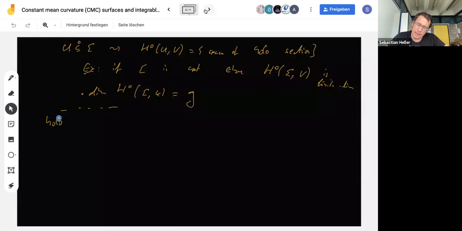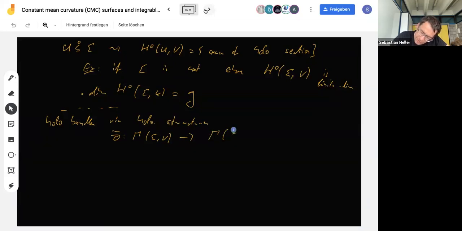We want to describe holomorphic bundles via so-called holomorphic structures. These are differential operators from the space of sections in a complex vector bundle into the 0-1 forms on sigma, so into the space of sections in the bundle K bar tensor, of course over the complex numbers, tensor V, such that we have the Leibniz rule, but only for the 0-1 part.